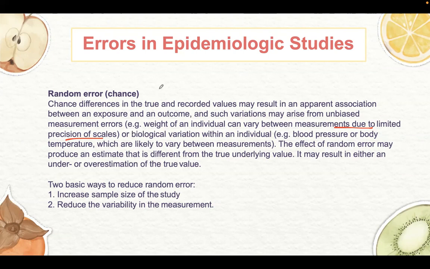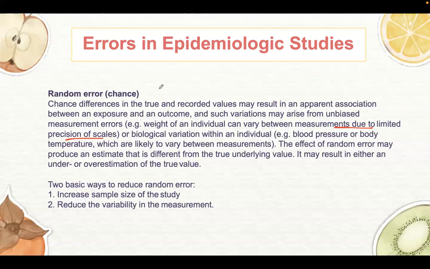So itong mga mini-measure natin na mga vital signs, for example yung mga blood pressures natin and yung weight ng individual, meron po yung mga factors to be considered kung bakit nagkakaroon ng variation. Kapag nagtataka kayo kung bakit doon sa kabilang weighing scale, ganito yung timbang mo, doon naman sa weighing scale nung sa health center, ganito yung timbang mo. Okay, so meron po tayong mga random errors na na-encounter doon.